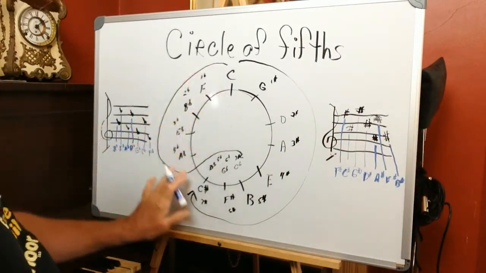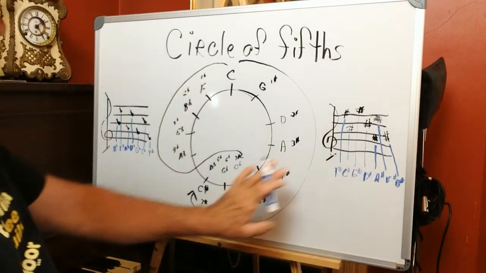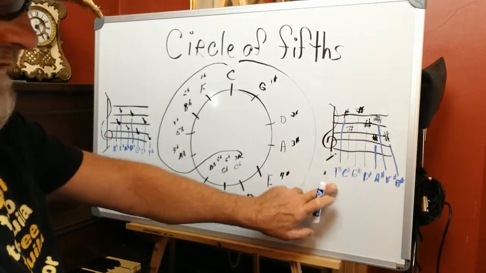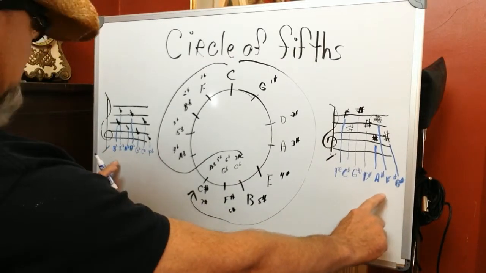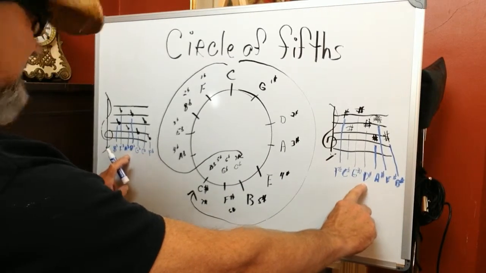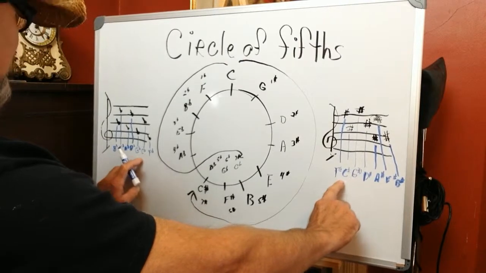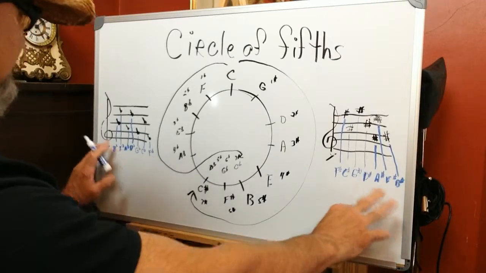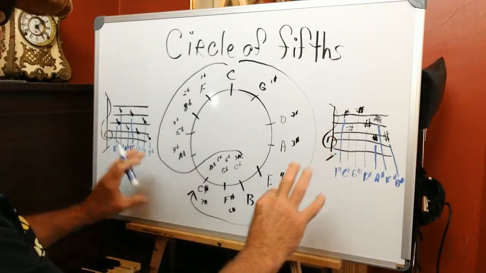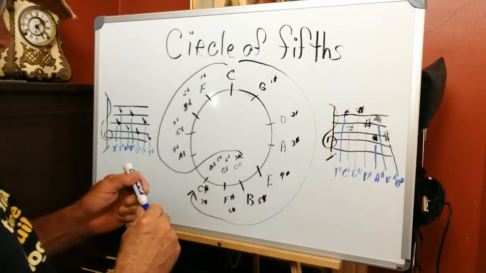This way we go around and we build our flats. Now we actually have the same notes here backwards. B, E, A, D, G, C, F. And that's just how it systematically goes together, and those are your key signatures.